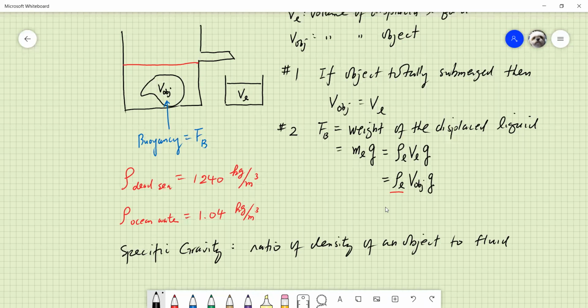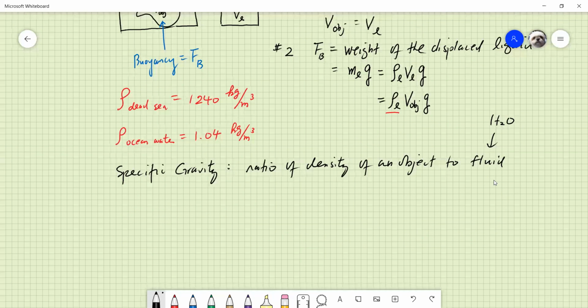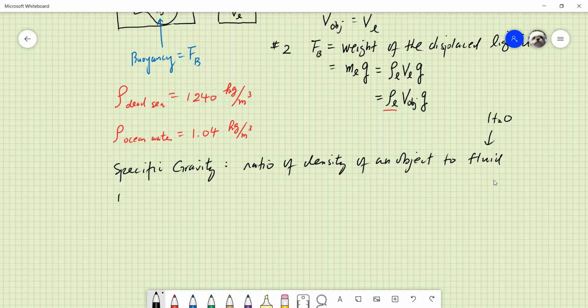Usually the fluid here we will use is H2O. Now you have the hydrometer, which measures the specific gravity. I don't know whether you have seen a hydrometer. They look like the following.